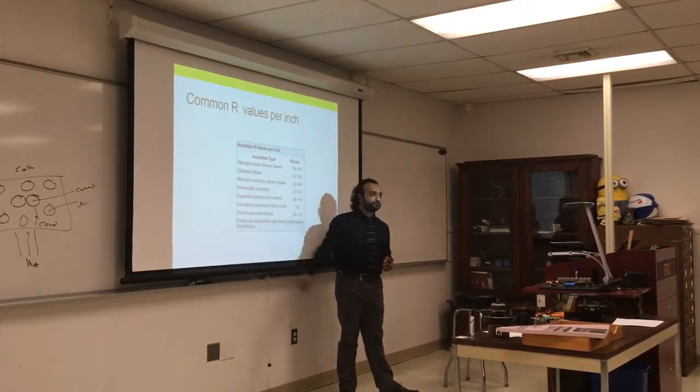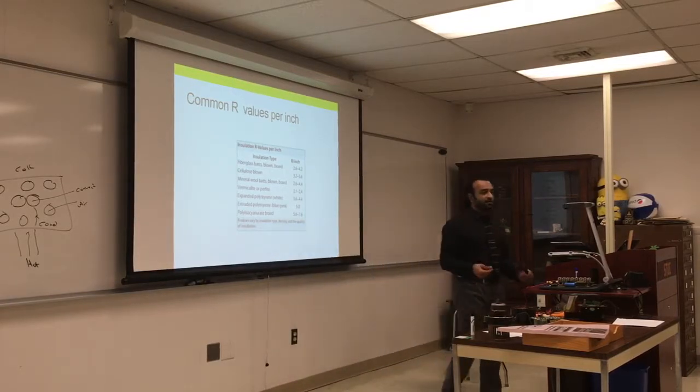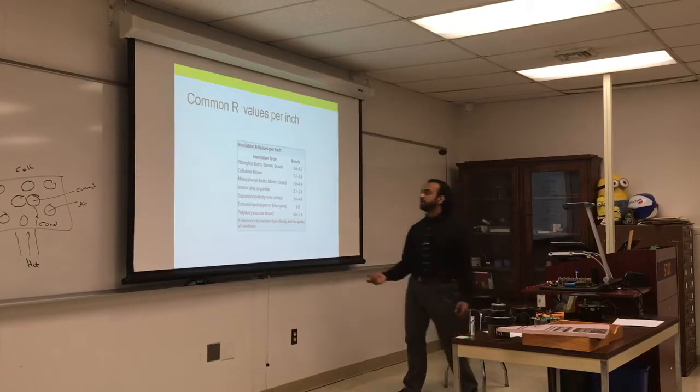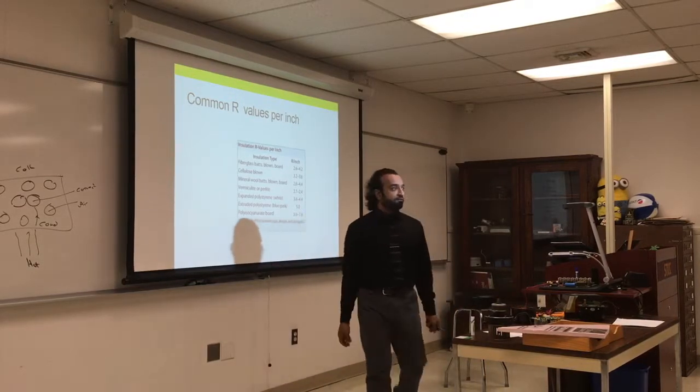Cellulose blown. This is the stuff that looks like hamster cage stuff, and it's basically all recycled papers treated with fire retardant because this is a complete fire hazard. But it's a cheap way to insulate, and they blow it with a fan, kind of like a vacuum.